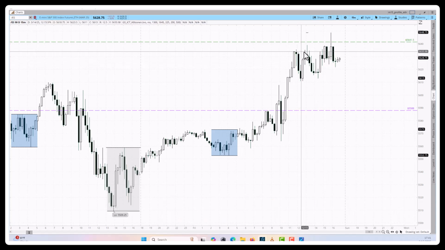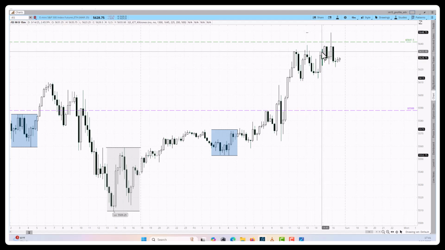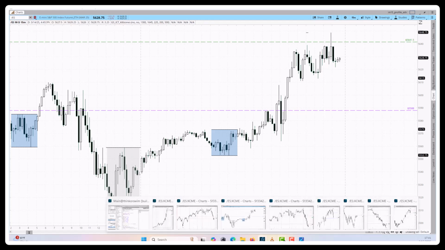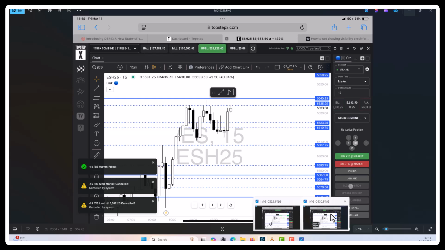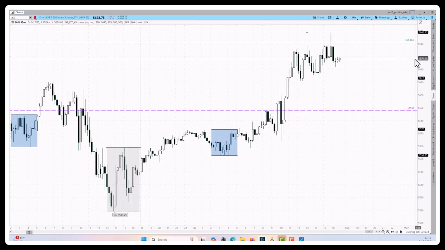56 right here. Where's that? Right here. Boom, boom. Yeah, right. 56.35. This is the candle that we get out. 56.35, is that right? 56.37.